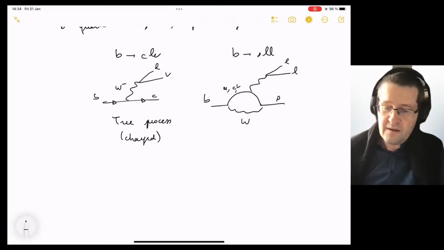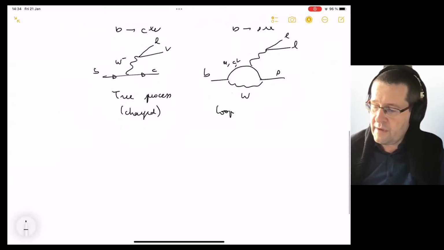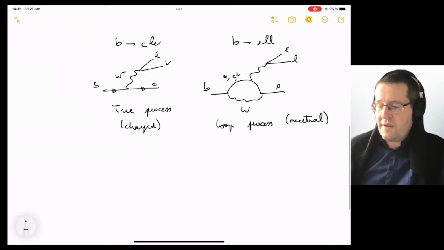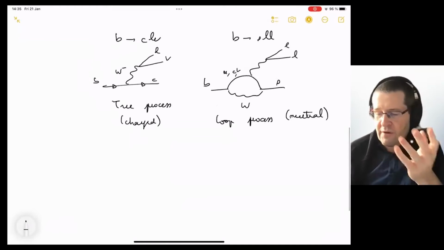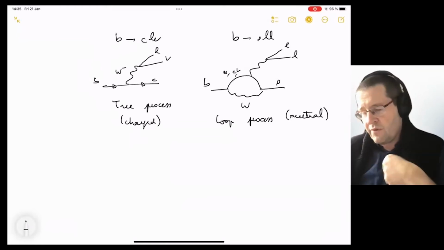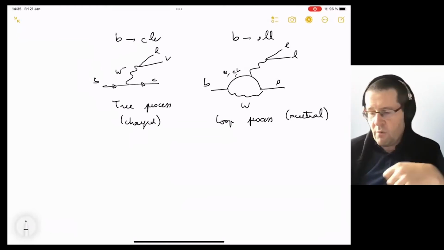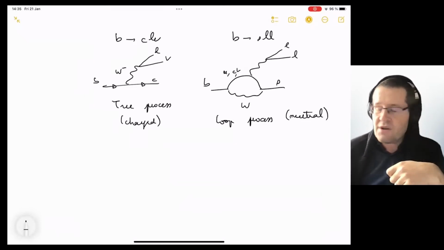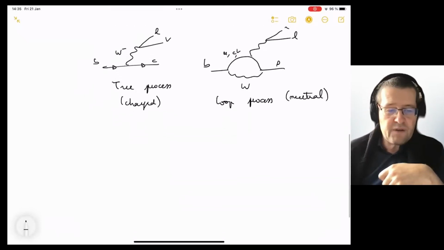So here it's a loop process, neutral. And so obviously already at the level of the standard model, you have to take into account the CKM matrix elements, but the fact is that you expect one of them to have a strong component from the standard model, whereas the other one is actually very much suppressed in the standard model.